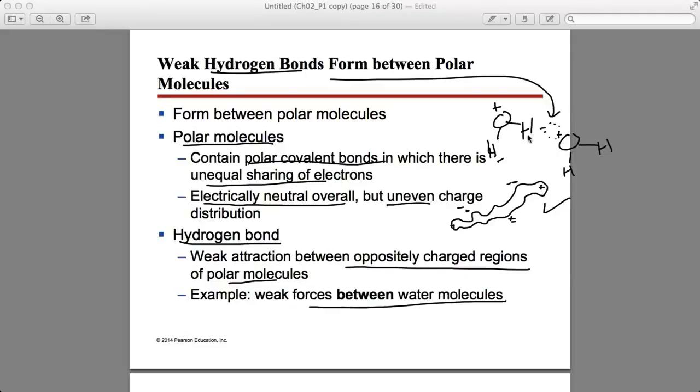It's not an ionic bond because hydrogen and oxygen here are not fully charged atoms. They're only partially charged, and they form what are called hydrogen bonds. The reason why they're called hydrogen bonds is because hydrogen is very commonly encountered in these situations, because of its characteristic of having an unstable electron that can be easily pulled away from it. And so that's why.